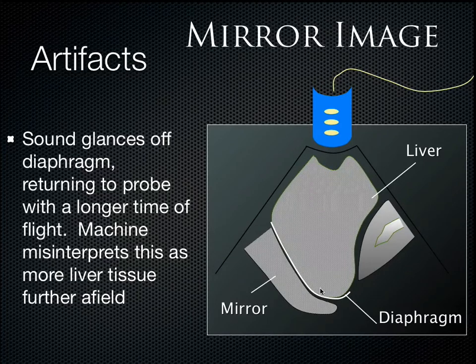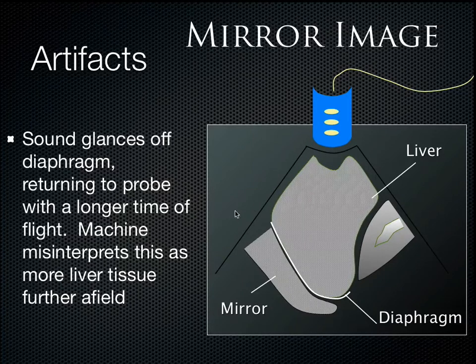Therefore, there must be something further deeper down the screen, because it took longer for that sound to come back to the machine as it was going along the diaphragm here. So it mistakenly plots liver, the stuff the sound was rolling through, as it was going along here in the chest.